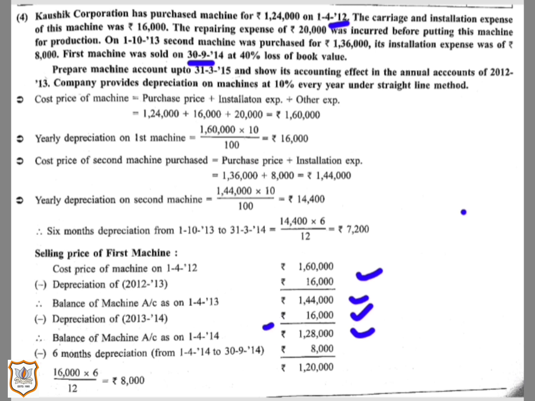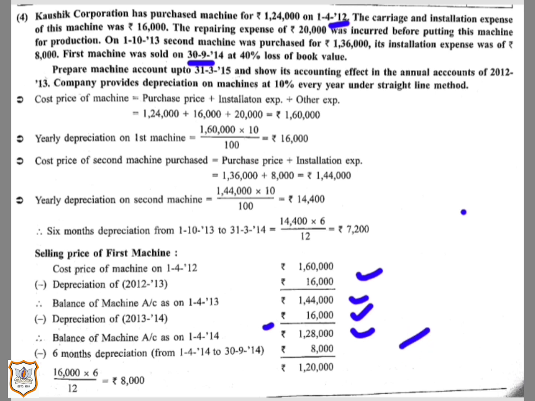And in the third year, that begins from 1st April 2014 and ends on 31st March 2015, as it is given in the question, the machine was sold on 30 September. So in this year, this machine was not with us for the whole year, as we have sold it on 30 September 2014.